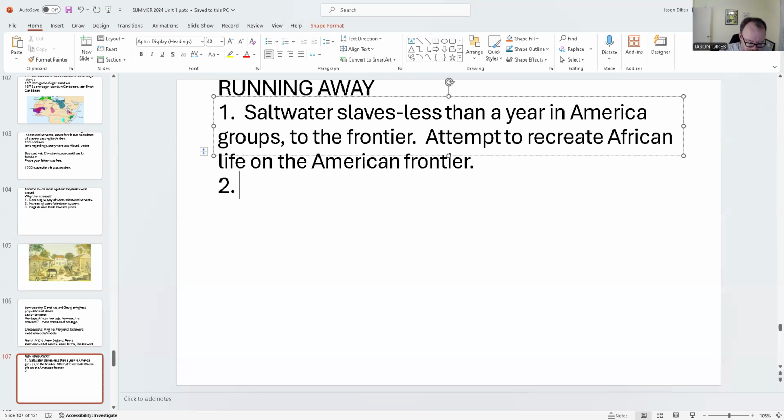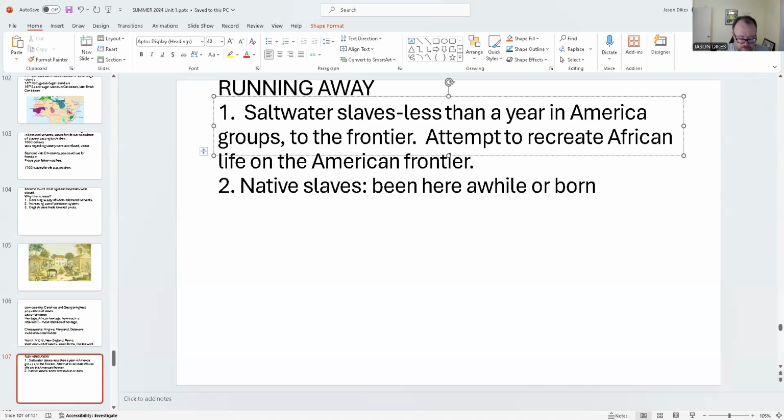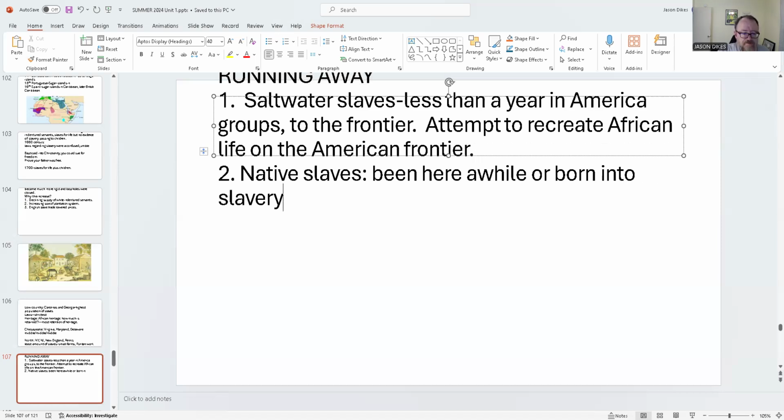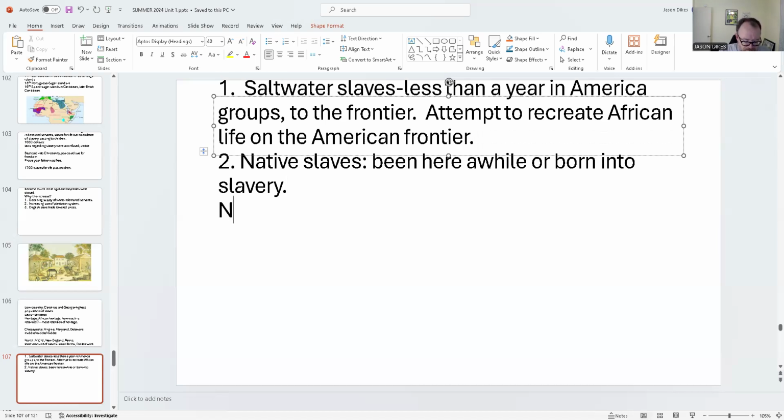And then the other type of slaves, we'll call them native slaves. They've either been here a while or were born into slavery. When they get a chance to run, they will typically run north and try to disappear into the cities.